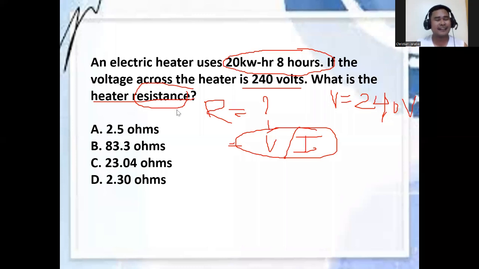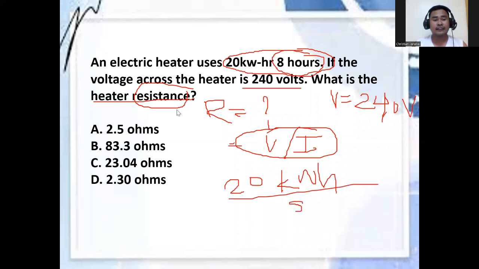Pero yung ibinigay sa atin is energy and not the current. Okay? The energy consumed by the heater is 20 kilowatt hours and the time duration na ginagamit po siya was 8 hours. Therefore, you are going to divide 20 kilowatt hours divided by 8 hours.